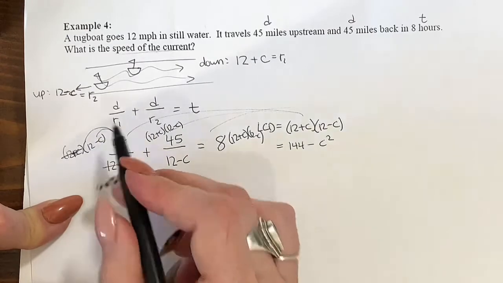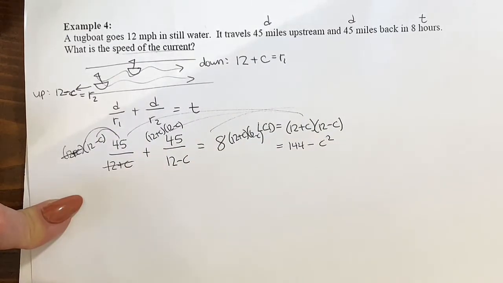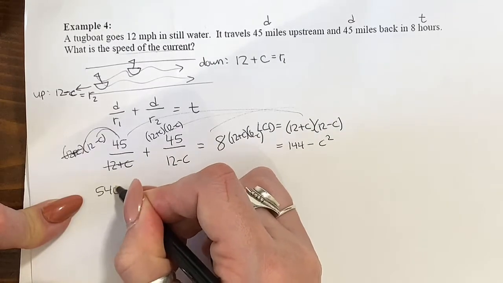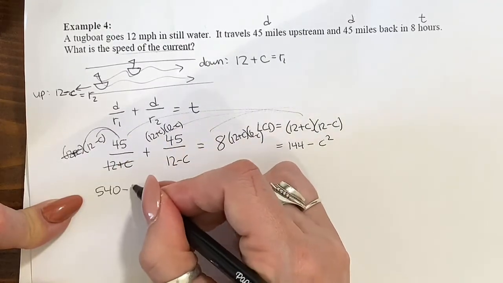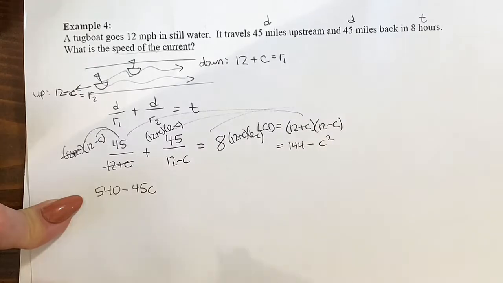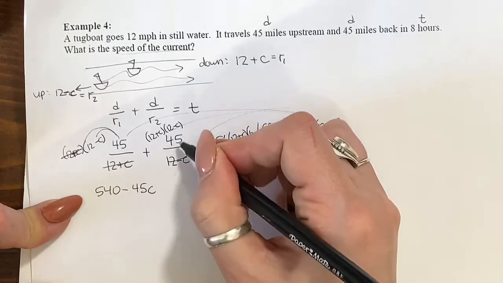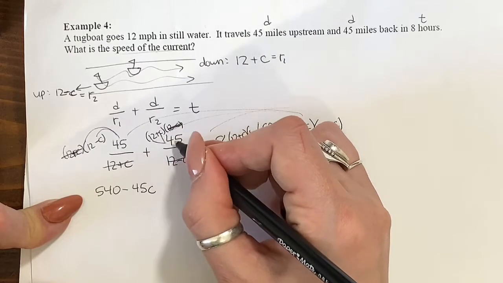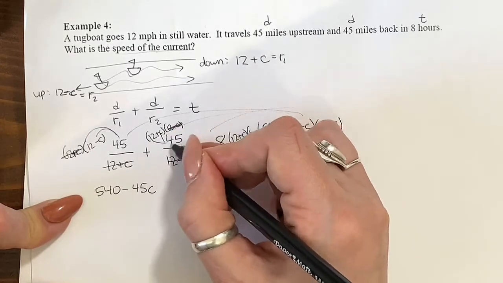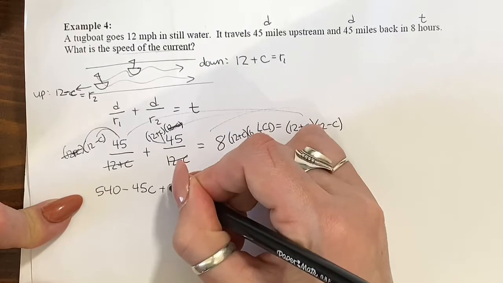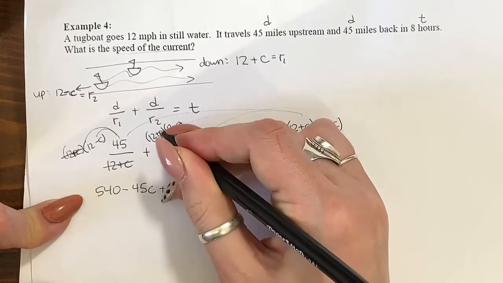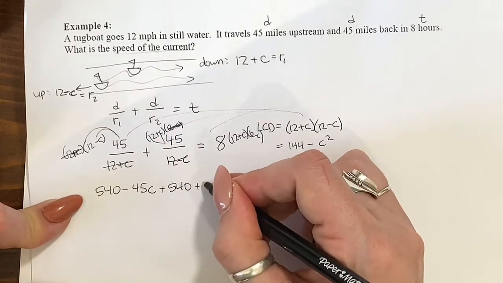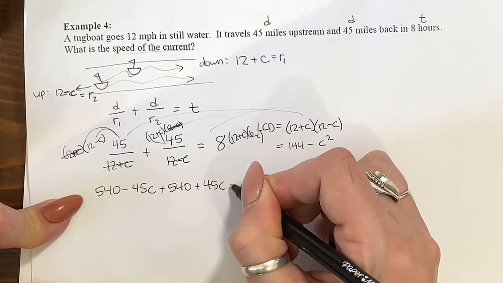So I'm going to distribute that through. So 12 times 45 is 540. And then 45 times a negative c is a negative 45c. And then on this fraction, the 12 minus c's cancel. But again, I have that 45 that I need to multiply into the 12 plus c. So 45 times 12 is another 540. And 45 times positive c is a plus 45c.